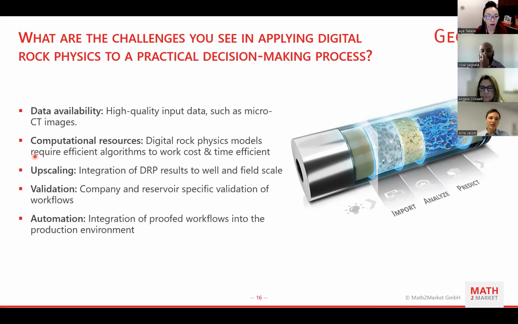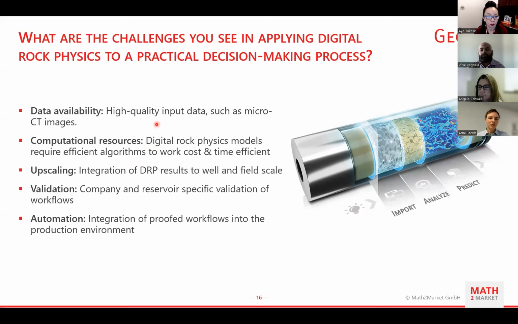Then, and I've mentioned it also earlier, the computational resources. Nowadays we have huge computers available. So the digital rock physics models can put more and more computational power inside of the simulations to be able to have fast and reliable results.